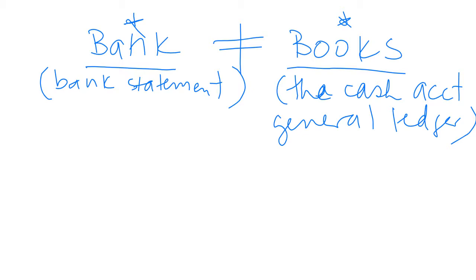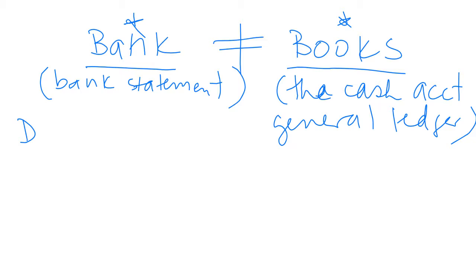All right, so let's talk about some of the adjustments that we will be doing on the bank and the books side of the reconciliation. So the bank side of the reconciliation should always show deposits in transit.